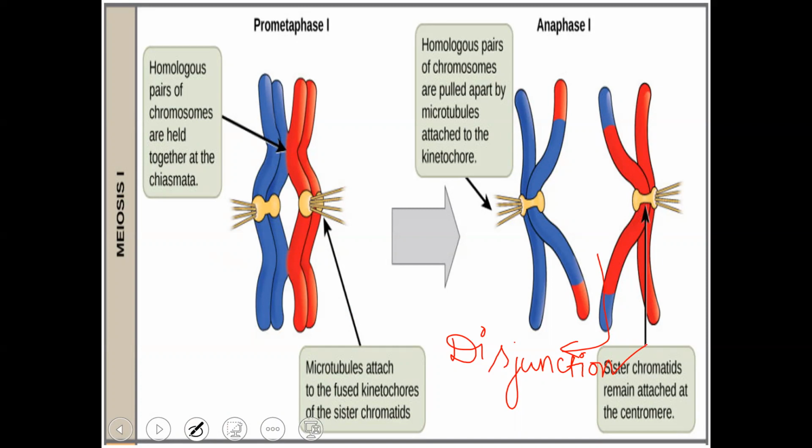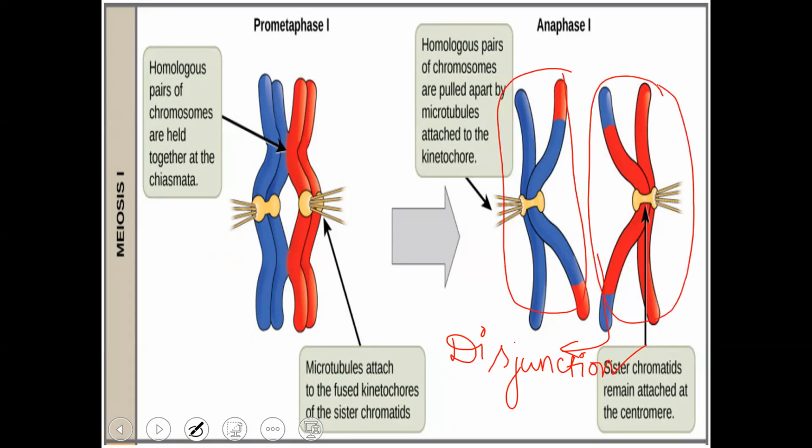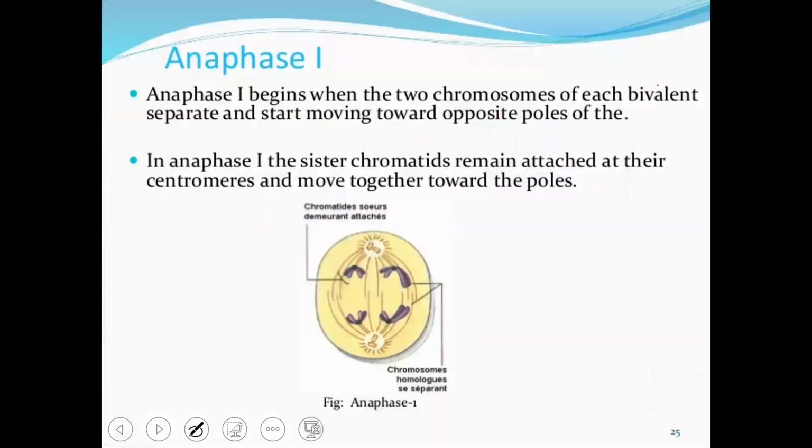Okay. Now the chromosomes themselves are going to separate, and they are called as univalents, or they are called as dyads. So these are the chromosomes which are called as univalents or dyads.